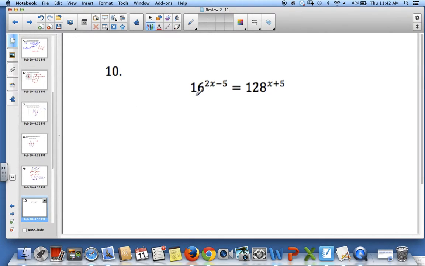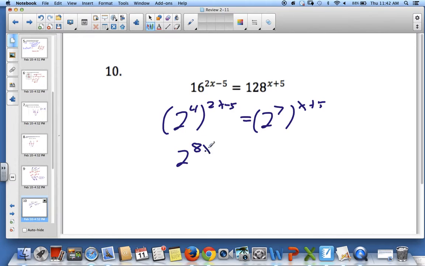The base is going to be 2 for this one, so it's going to be 2 to the 4th to the 2x minus 5 equals 2 to the 7th to the x plus 5. So this is going to be 2 to the 8x minus 20 equals 2 to the 7x plus 35.